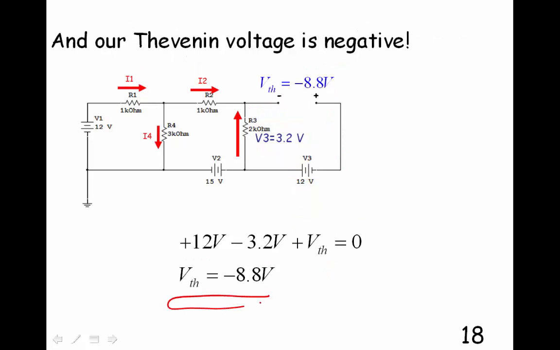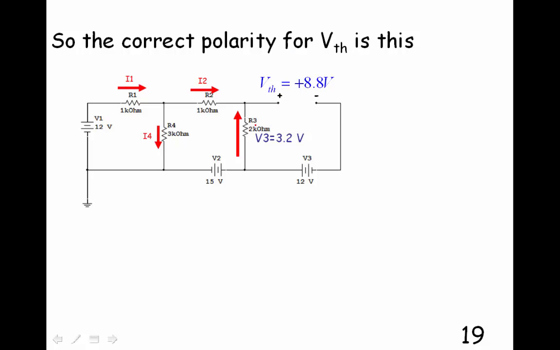Solving for Thevenin's voltage here, I get negative 8.8. So once again, I guessed wrong with my polarities. I guessed that this was going to be negative and this is going to be positive, but it turns out it was just the opposite. So if I get negative 8.8 for this polarity, that's the same thing as positive 8.8 for this polarity.